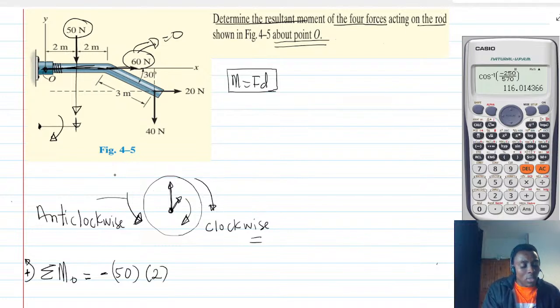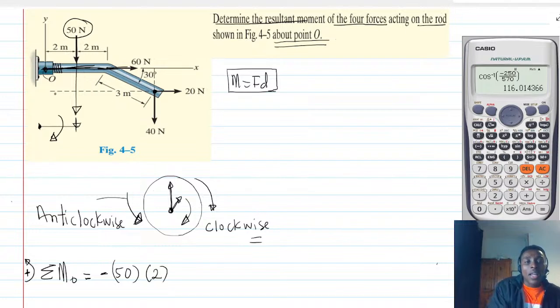Now, I've explained the 60. We have a 20 Newton force here.